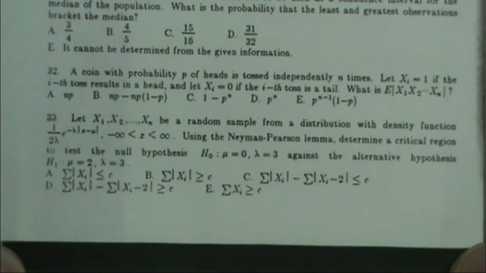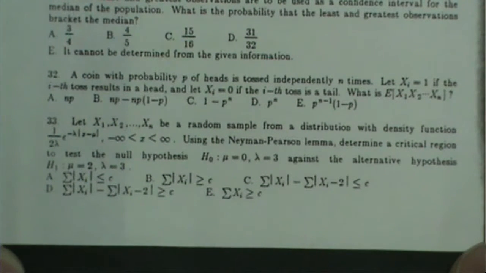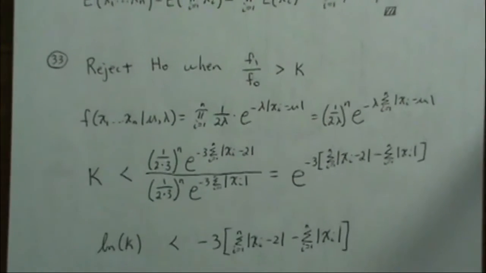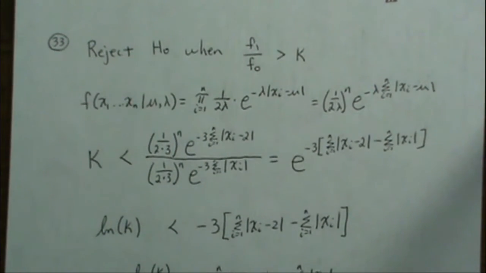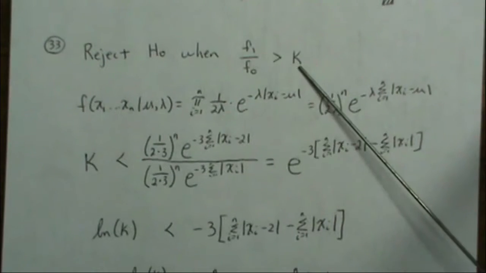Problem 33. Let x1 through xn be a random sample from a normal distribution with density function given. Using the Neyman-Pearson lemma, determine a critical region to test the null hypothesis, mu is 0 and lambda is 3, against the alternative hypothesis that mu is 2, lambda is 3. So question 33 is, well, we know that we want to reject the null when this happens.